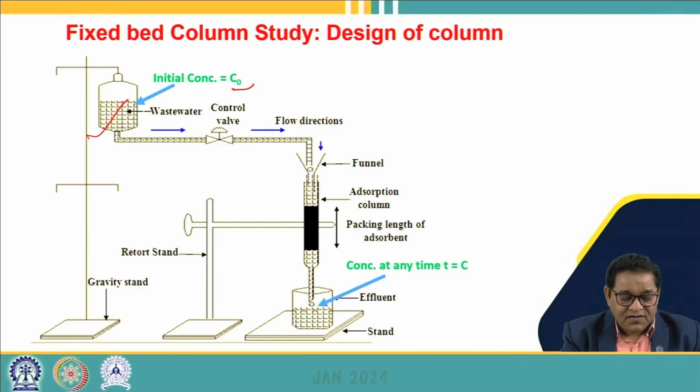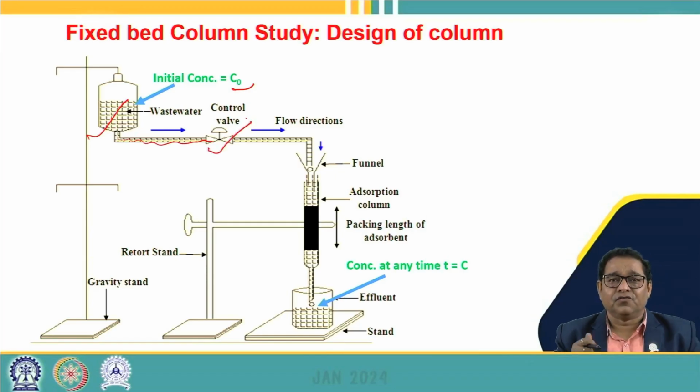This tank is connected with a pipeline and one control valve is fitted here so as to control the flow of the wastewater through this pipeline, and then this wastewater is allowed to fall into this funnel which is attached to the adsorption column.